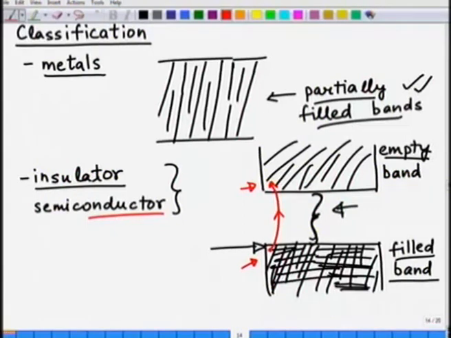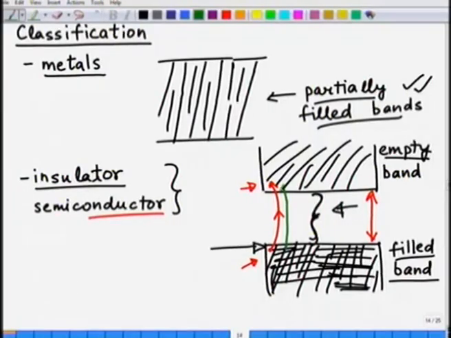If however this gap is very large, for example in diamond, which is 5.3 electron volts, then even room temperature or some higher temperature is not sufficient to cause the electron to jump over to this empty band, and as a consequence this material continues to remain an insulator. So, semiconductor or insulator is a relative term.